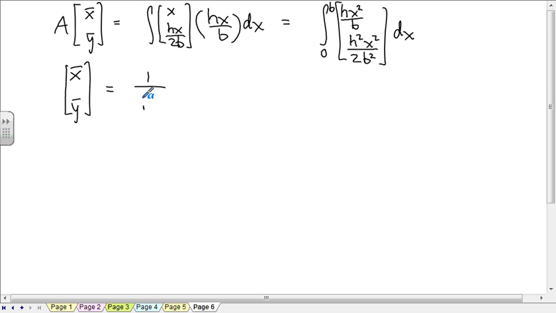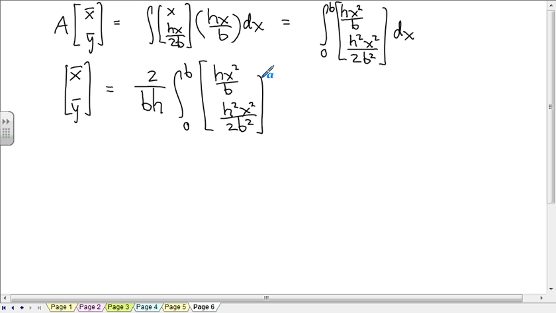The area is bh over 2, so I guess I'll put the 2 up on top, times the integral from 0 to b of hx squared over b, h squared x squared over 2b squared dx.